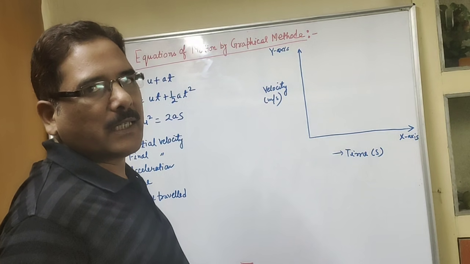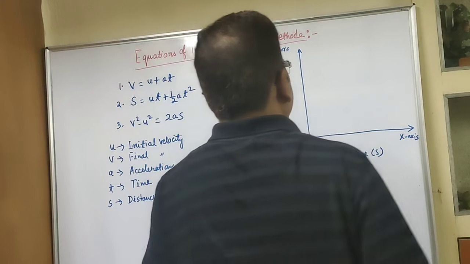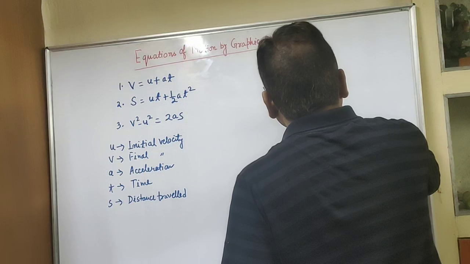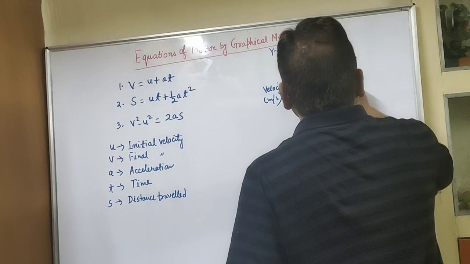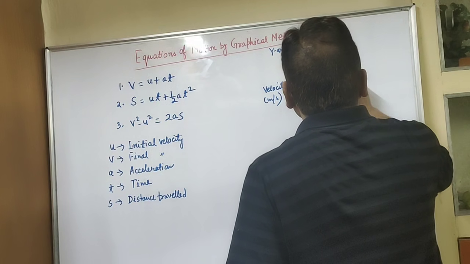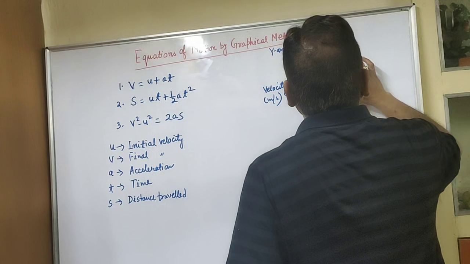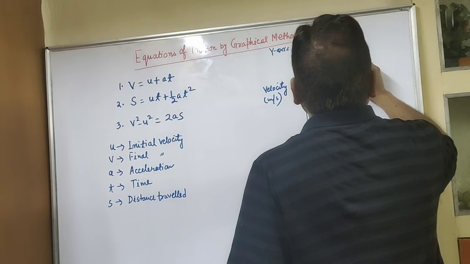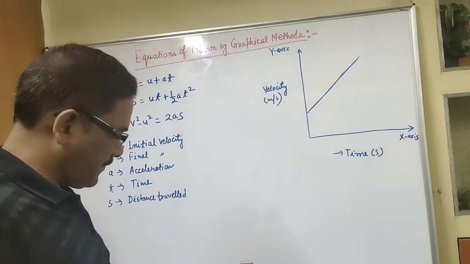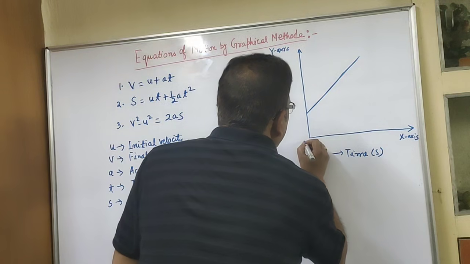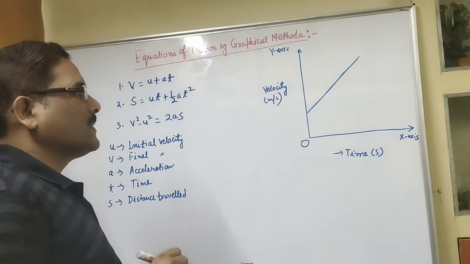Its initial velocity is not zero and acceleration is uniform. So the graph will be like this, a straight line graph, but it does not start from the zero mark, isn't it?